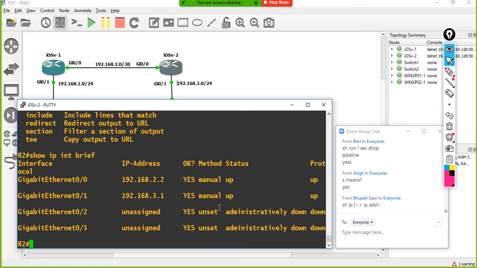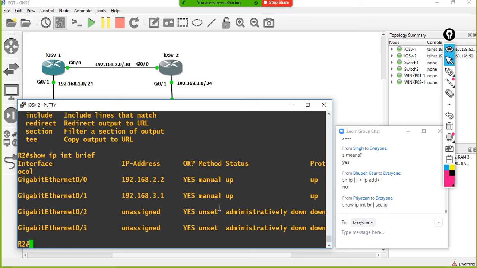Bhupesh? No, man. Is it correct, Bhupesh? Include IP address, Bhupesh. That's what you are trying to say? No. What is that command? Can you please type it for me there? Actually, I know one command, man.